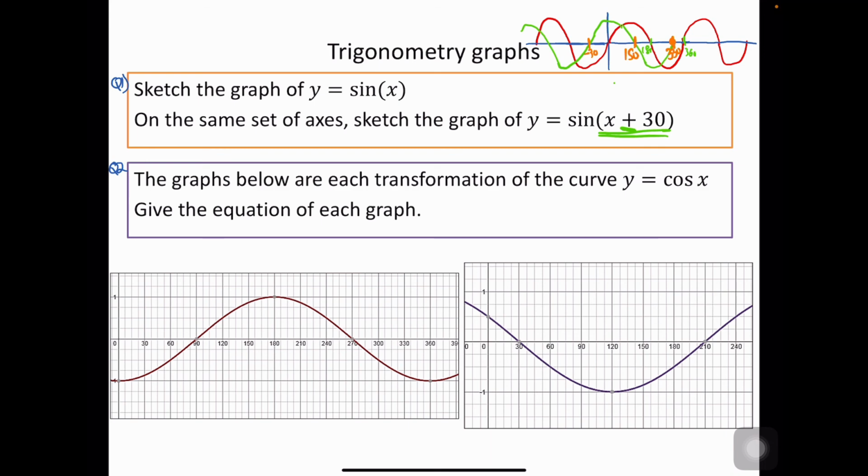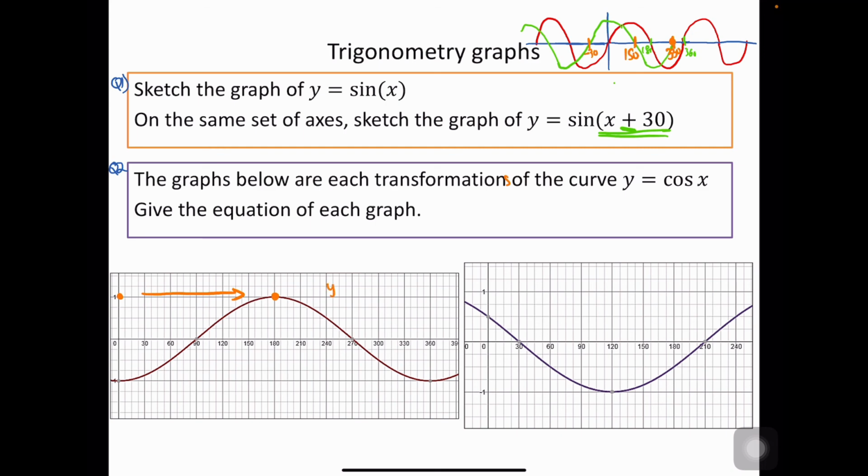Question 2, the graphs below are each transformations of the curve y equals cos x. Give an equation of each graph. So we know that y equals cos x starts at 1. So this, it looks as if it has moved 180 spaces to the right.